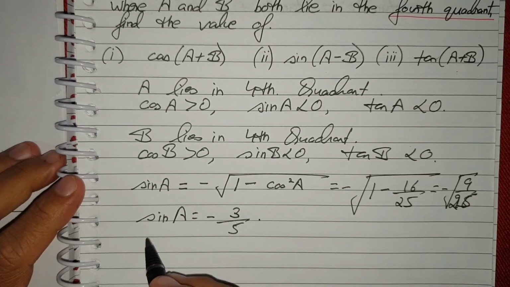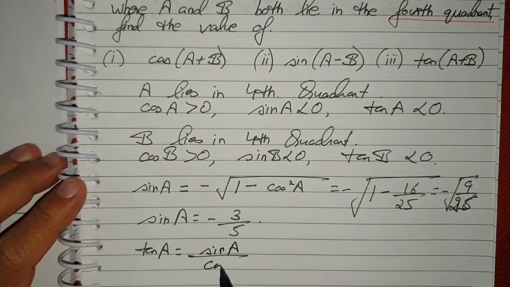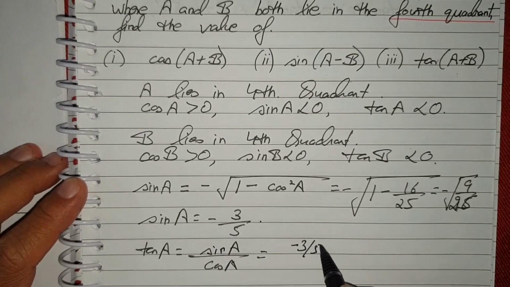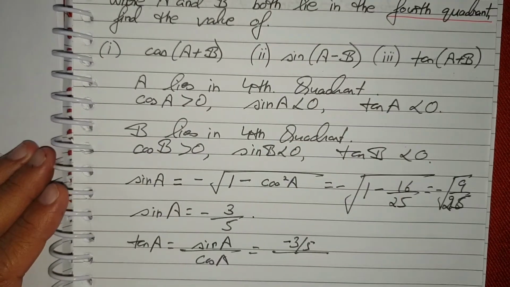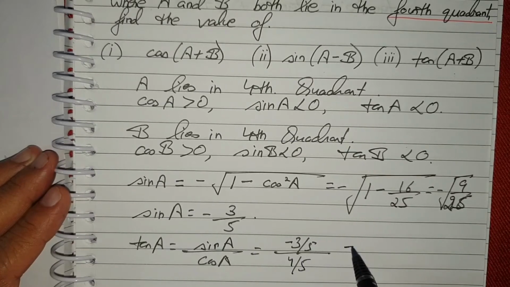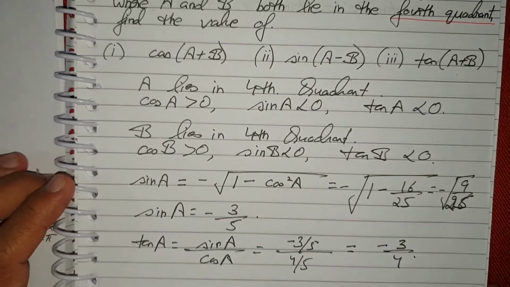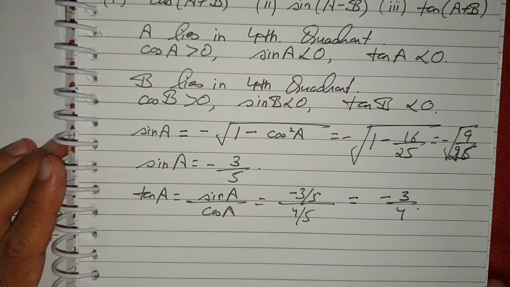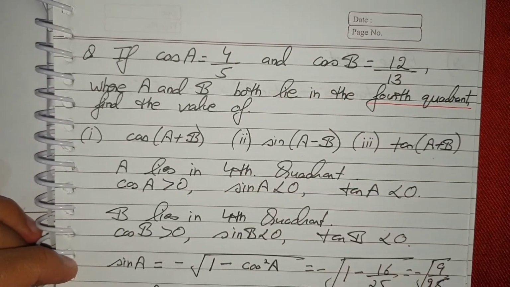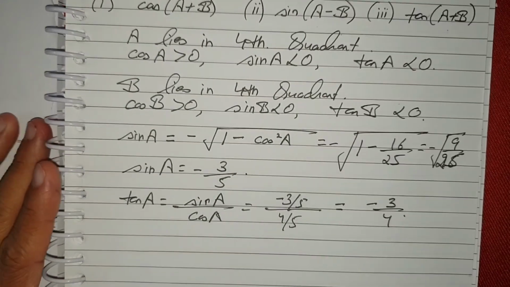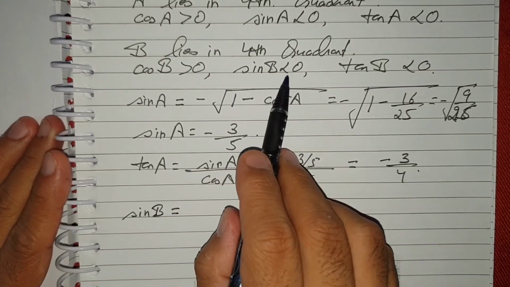Now we can find tan A. Tan A will be sine A by cos A, which is minus 3 by 5 whole upon cos A, which is given to be 4 by 5. So this is basically minus 3 by 4. So now we have the value of cos A, sine A, tan A. Now cos B is given to us. We can find sine B. Sine B is actually negative.